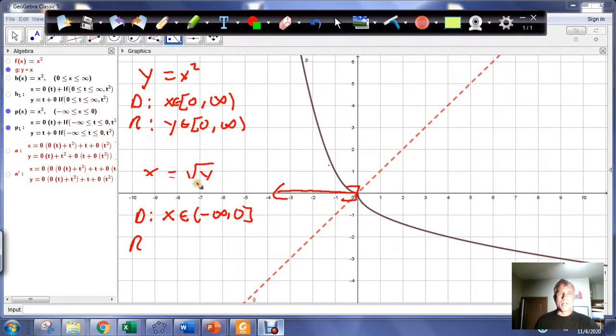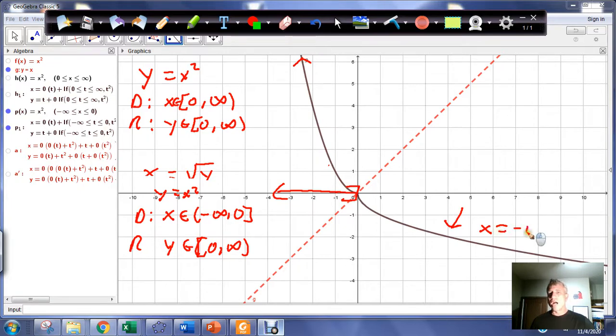The range on y equals x squared, if we do this, is still going to be y going from 0 to infinity. If we do that, then we get the reflection that is underneath the x-axis, and this is actually the equation x equals the opposite of the square root of y, when we solved this and got that plus or minus on it.